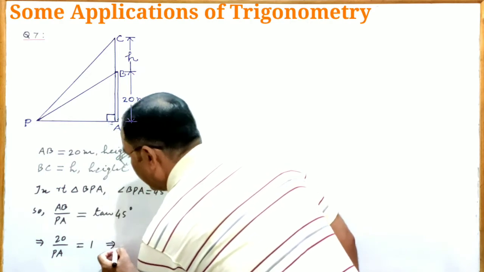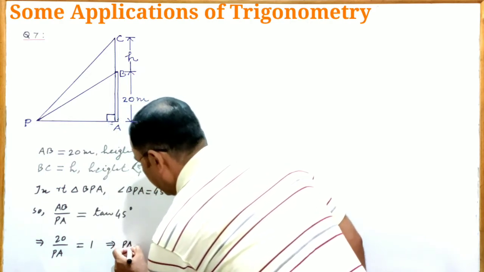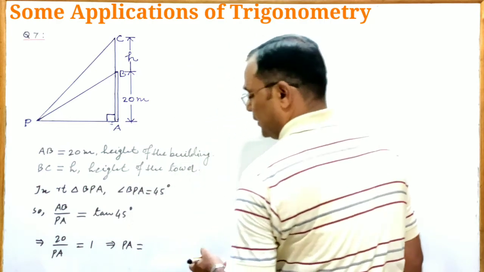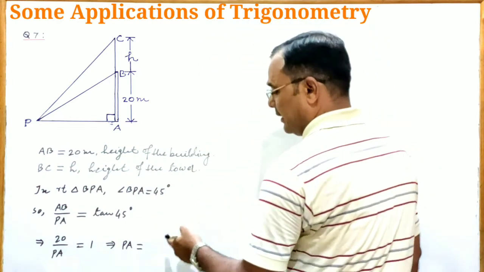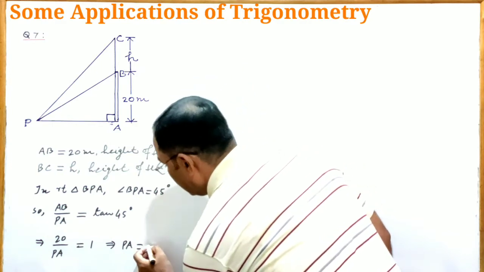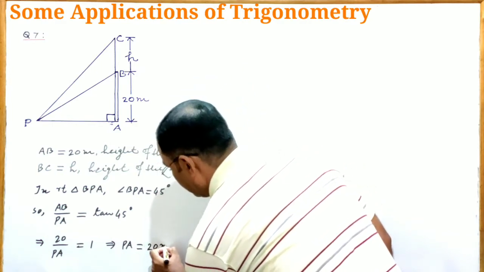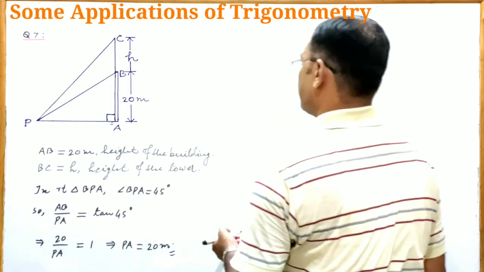So this implies PA, distance of the observation point from the base of the building, that is PA is equal to 20 meter.